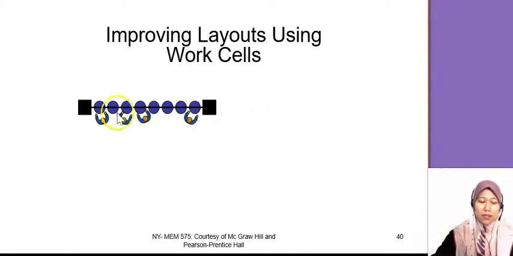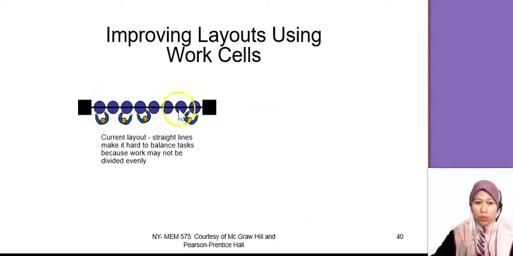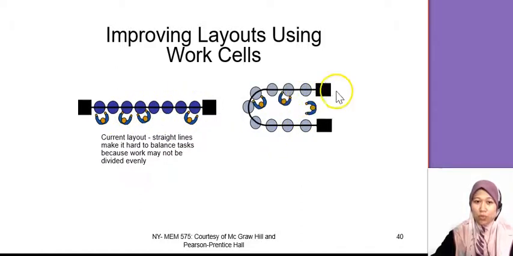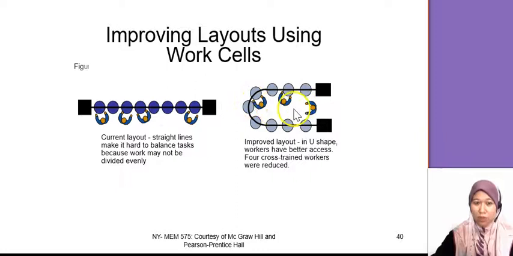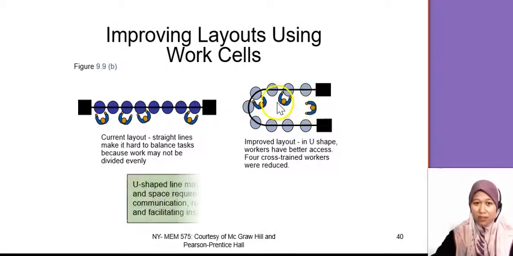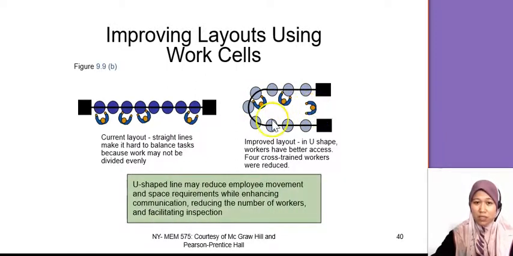Next, we can see that before we have a straight line, so you'll have lots of space. Okay, and then maybe the work is not evenly distributed. So maybe this worker is alone here, and these two are very fast, so maybe there's a bottleneck here. So if you make it into a U shape, you need only 3 workers to handle it. Okay, so this worker can assist both of these 2 workers.